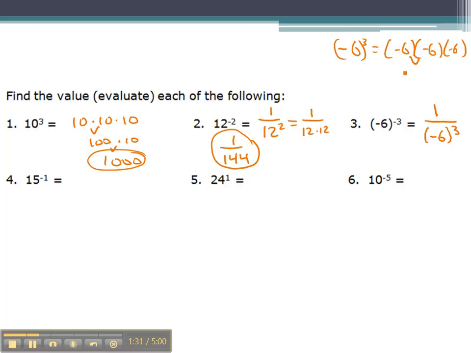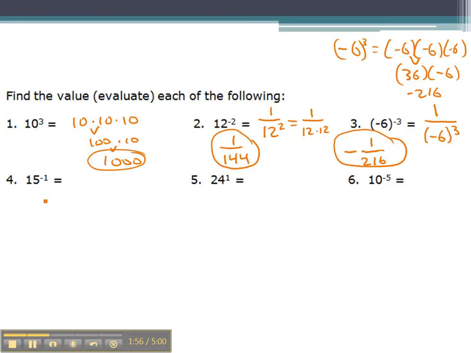Negative 6 times negative 6 is positive 36, because a negative times a negative is a positive. And then we still need to multiply by negative 6. 36 times 6 is 216. And it will be negative 216 because a positive times a negative is a negative. So our final fraction would be negative 1 over 216.